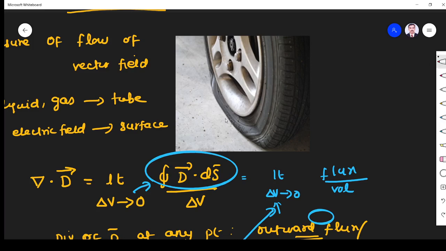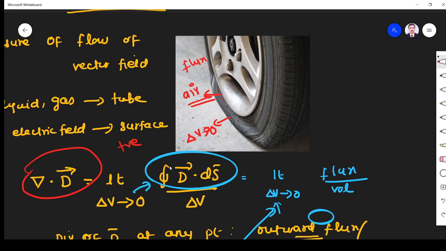The volume tends to 0. When the tire gets punctured, the volume of the tire tends to 0. At the same time, air will come out. That is your flux. So it is spreading. Air coming out means this is acting as a source. That's what divergence of D being positive means. So it's the best definition. This simple equation can be realized in this punctured tire, right?